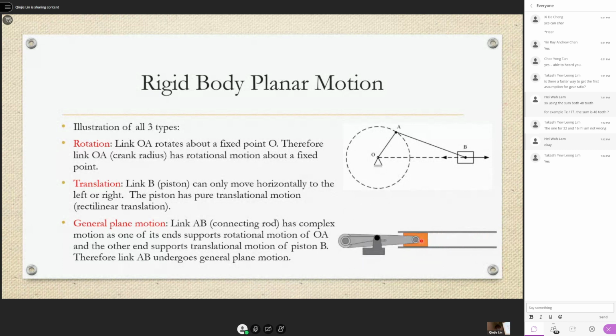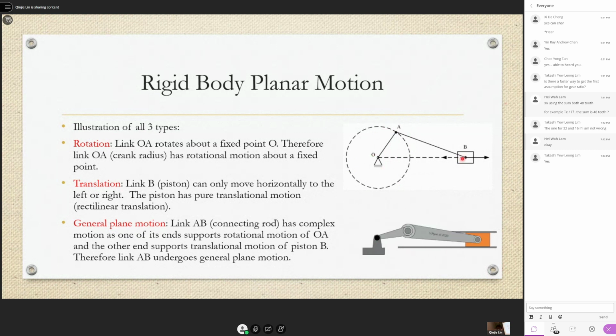So this particular structure here actually illustrates all three types. It's the best way to see the difference of these three types. First one, the link OA, the one that's turning in circles, is a rotation about a fixed point.